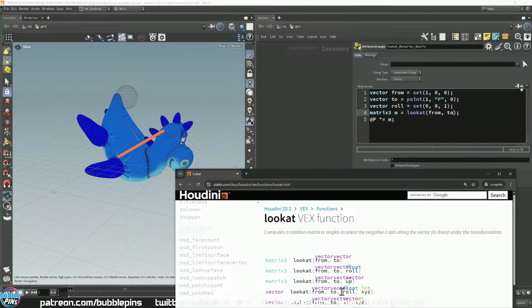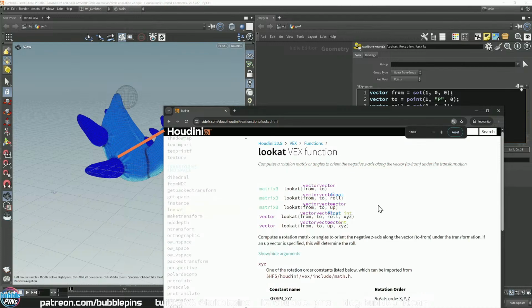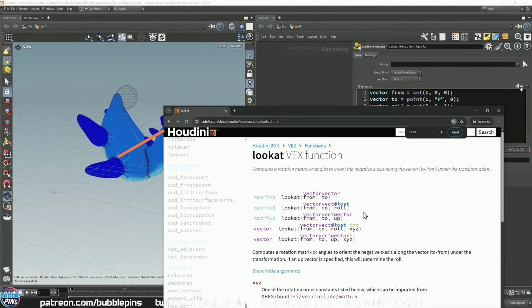We look at this. It's the last parameter here. Oh, up is a vector. So the roll is not a vector. These things are overlapping.